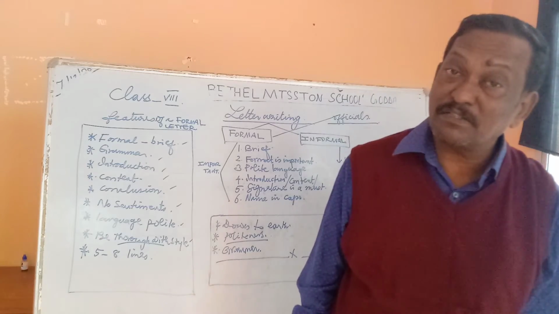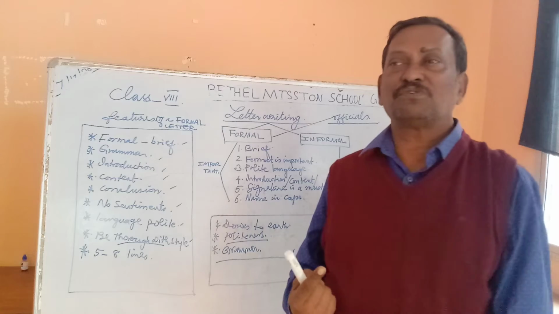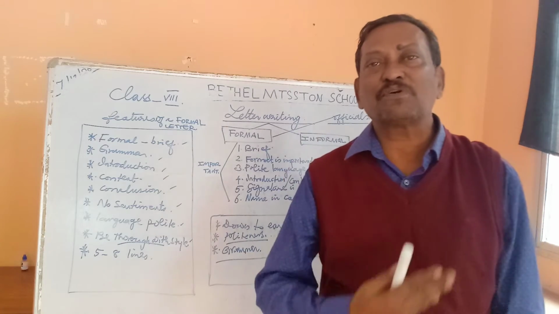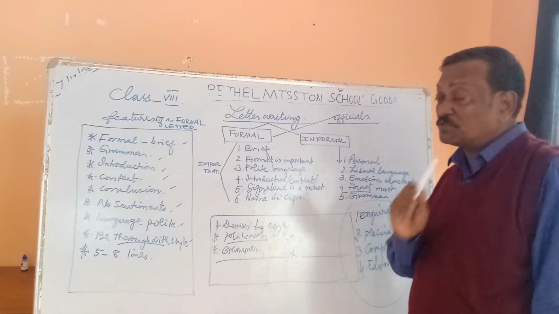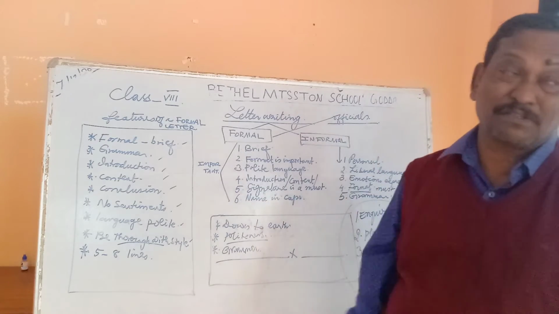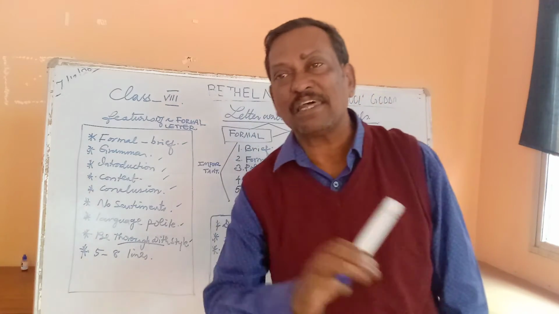You thank the official for going to do what you are asking him to do. You thank the official because he is going to take a proper action. So with that, the letter comes to a close. Signature is a must. Without a signature, your letter is a dead letter.